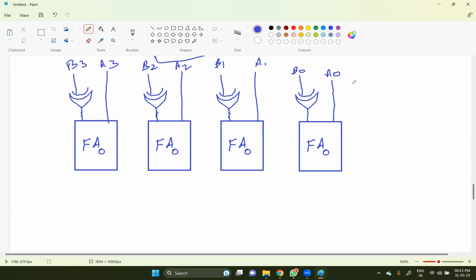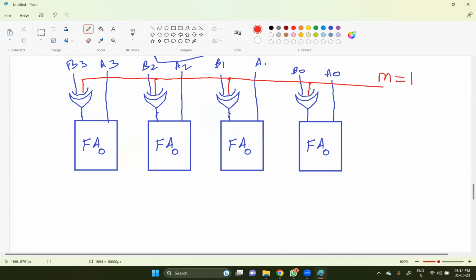Let me take one particular input. That input must always be equal to 1. Let me consider this input as M. M will always be equal to 1. Now, if you send the B bit through an exclusive OR with one of the inputs always equal to 1, it will always find the ones complement.